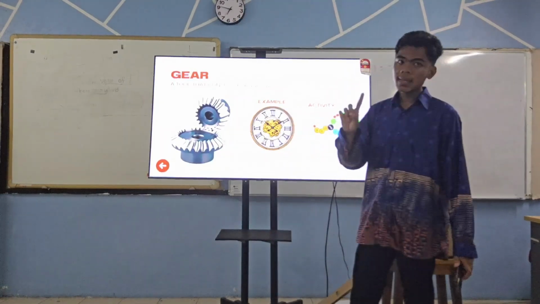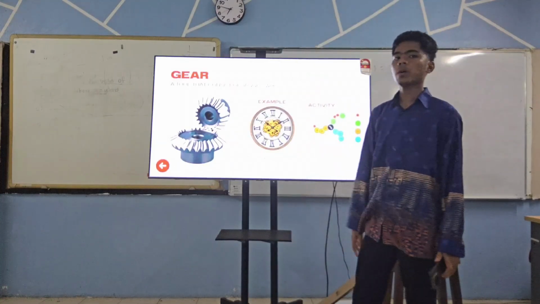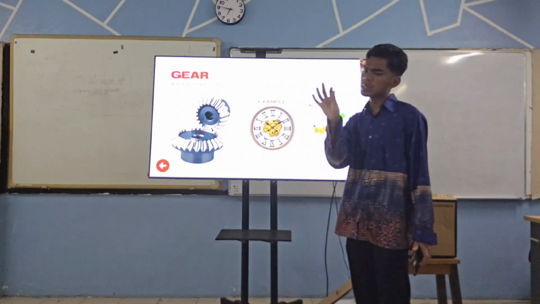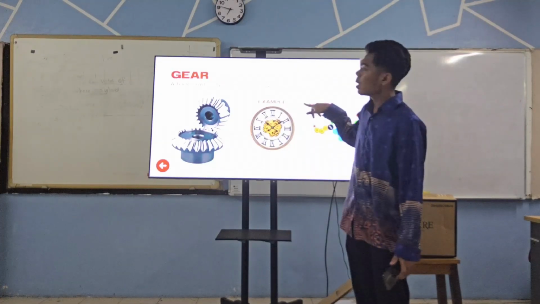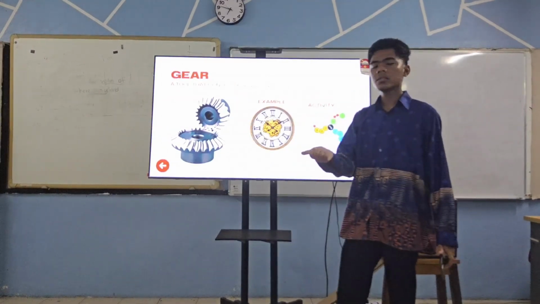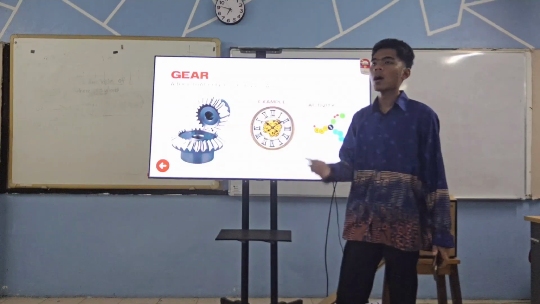When the second hand turns, the minute hand also turns, but we don't see it because it is a very, very small turn. And for the hour hand, also very, very small, because 60 seconds is equal to 1 minute, and 60 minutes is equal to 1 hour.